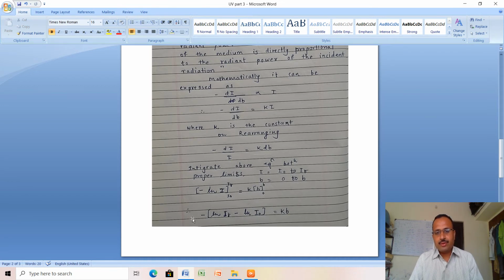Applying the upper limit first and then the lower limit, we get minus ln It minus ln I0 is equal to k into b minus 0, so finally on the right-hand side it comes to kb.